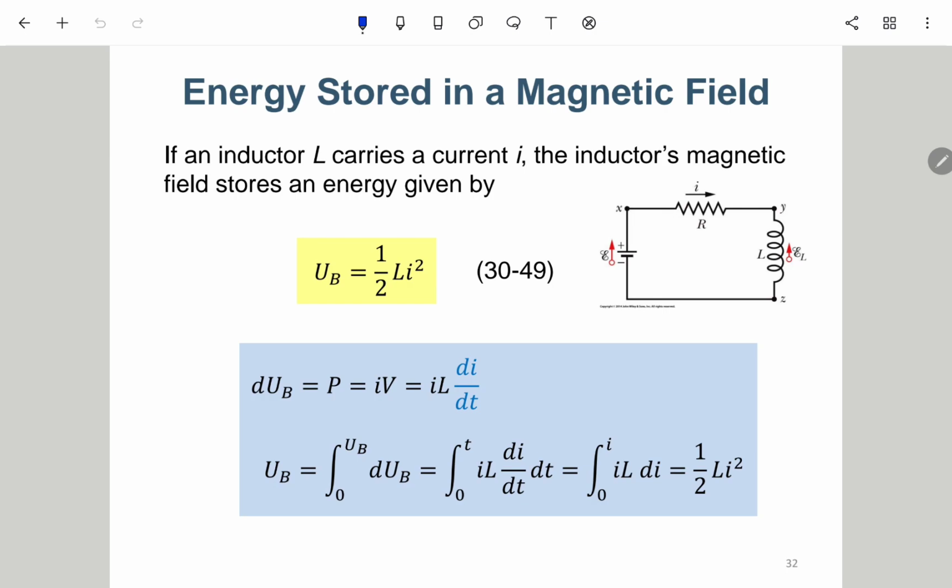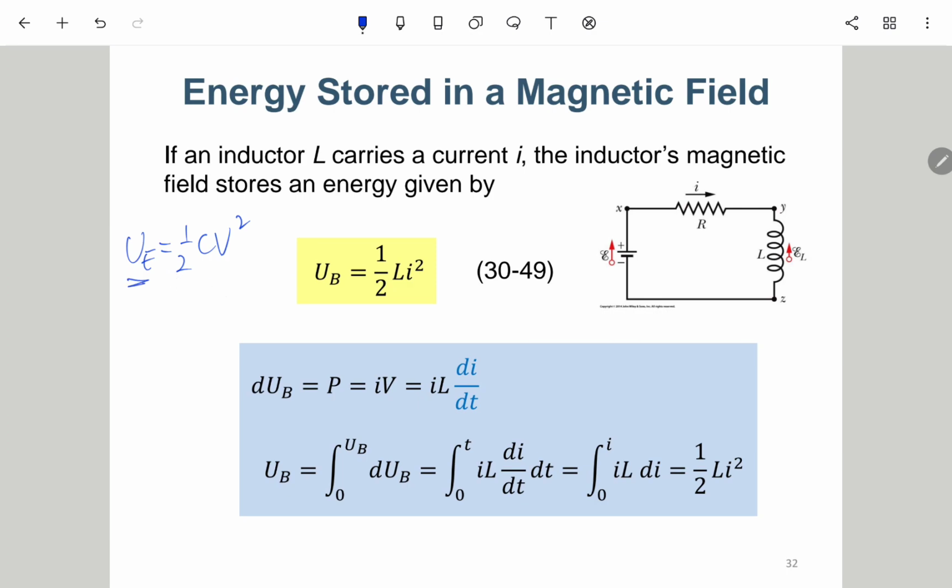Comparing with the energy stored in the E field, UE, I'm not sure whether you still remember, in chapter 25, UE is 1/2 C V squared. So you can see the duality.